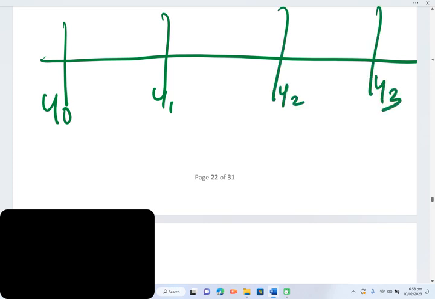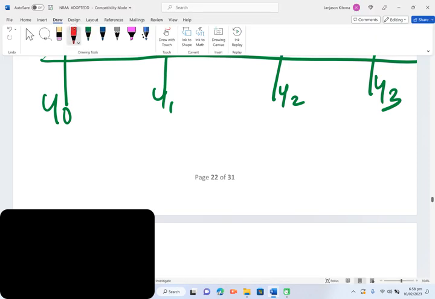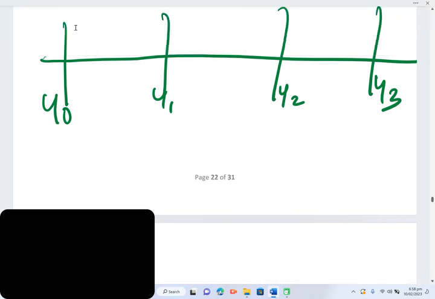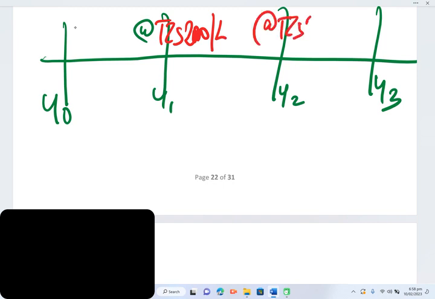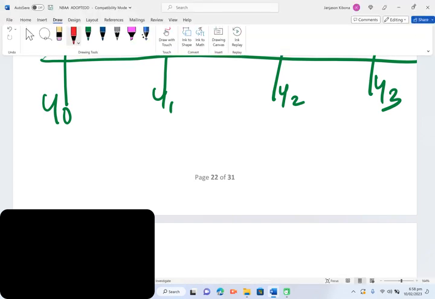Ya 3. So unakuja hapa unasema kila mwaka itakuwa TZS 2,000 per lita. Sasa unaanza mwaka wa kwanza ilitoa lita ngapi?